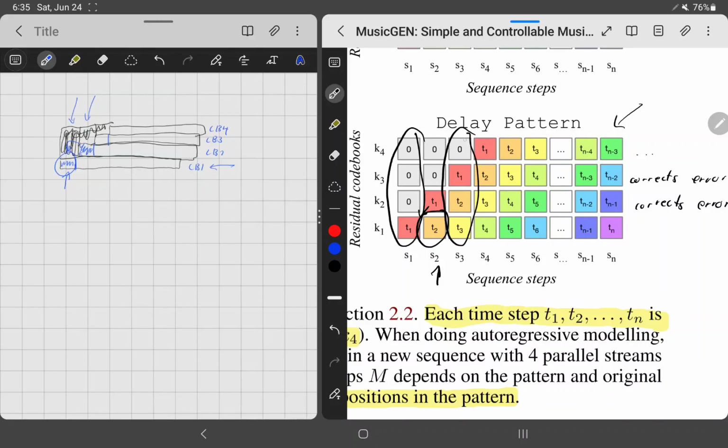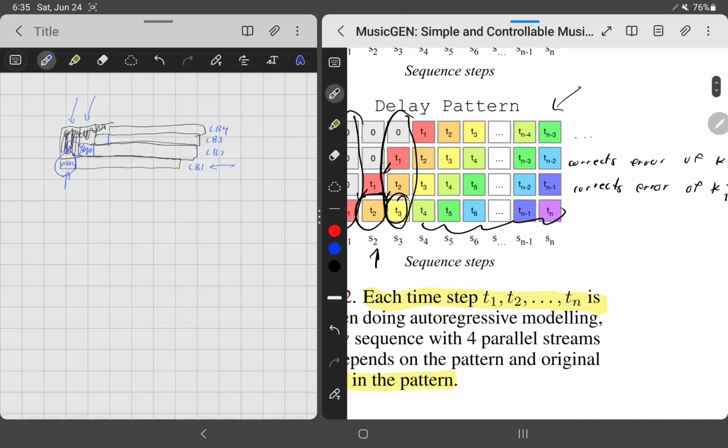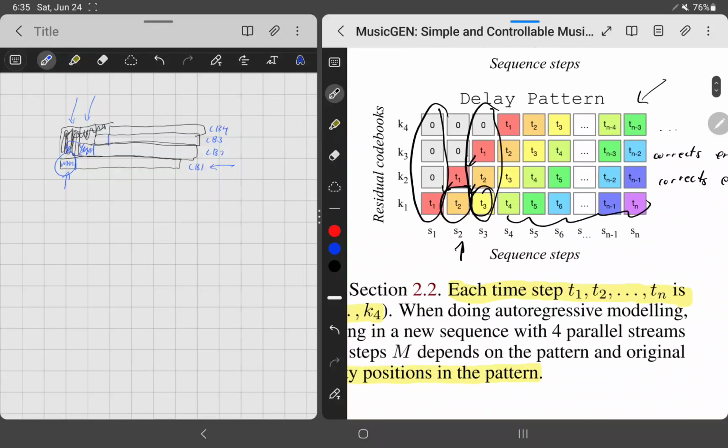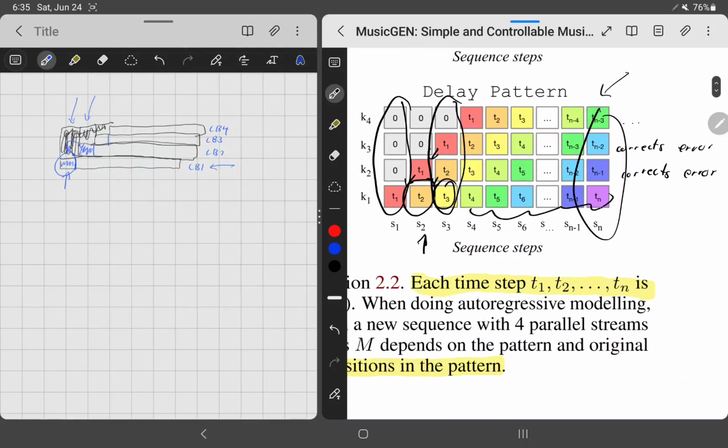And then the third token would do the same, where it models the error of token 1 and token 2, but it also generates the first part of token 3, and so on. And in this way, it's able to model the error, but it's also able to do it quickly. So you don't have to take 4 times as long to generate a sequence. It's just the number of generations plus 3. Maybe they cut off this part up here, but it would be the number of generations plus 3 if you're modeling all tokens.